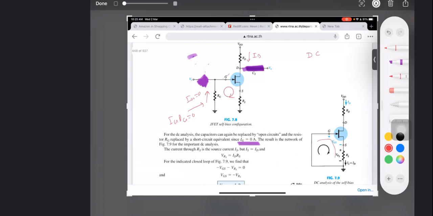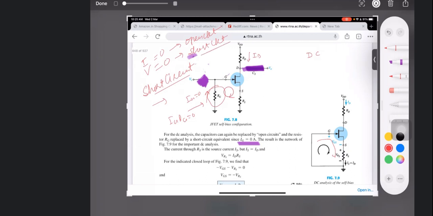And if I take this loop, so this 0 means this is short circuit. If voltage is 0, that is short circuiting. If current is 0, that is called open circuit. Okay.